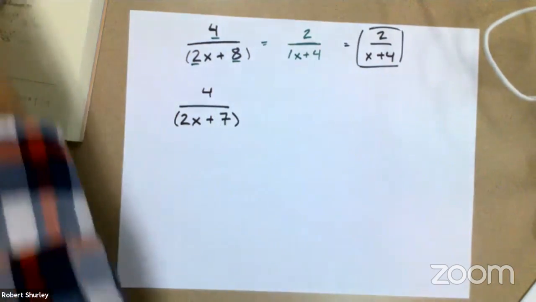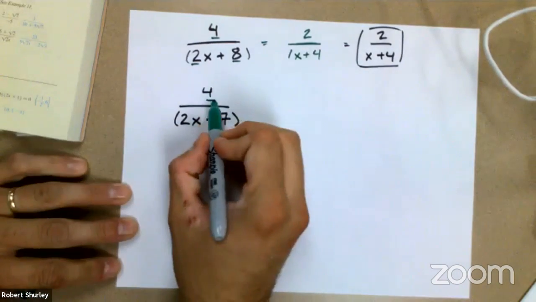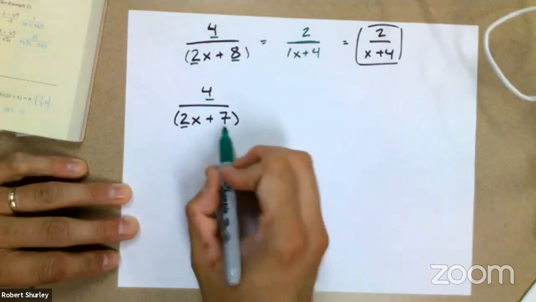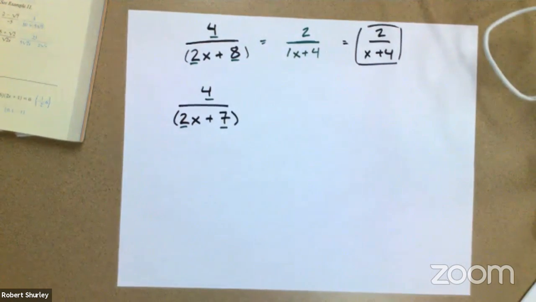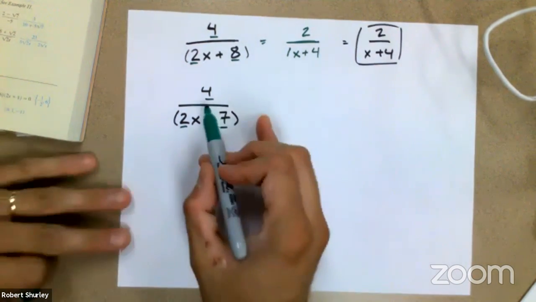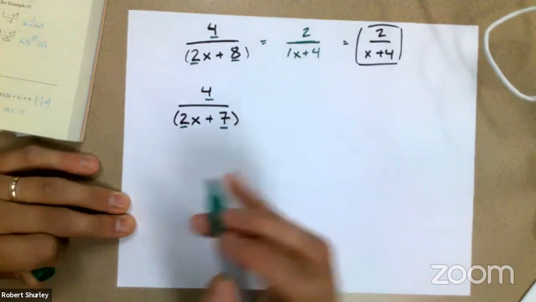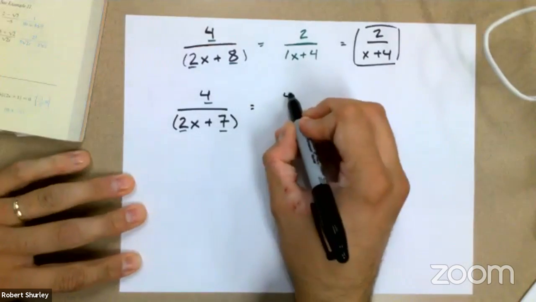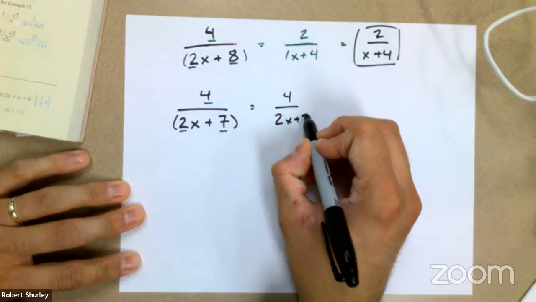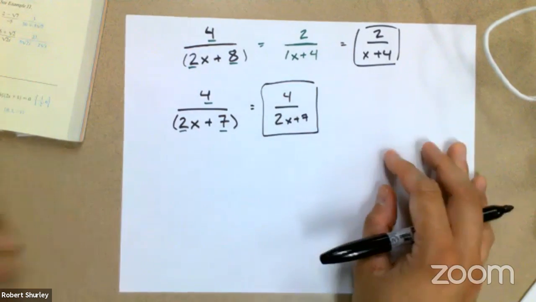And look, now we have 4, 2, looking good so far, oh, and a 7. Look, we can't simplify this. It's done. There's nothing that divides evenly into all 3 of these terms, okay? So this would be considered simplified.